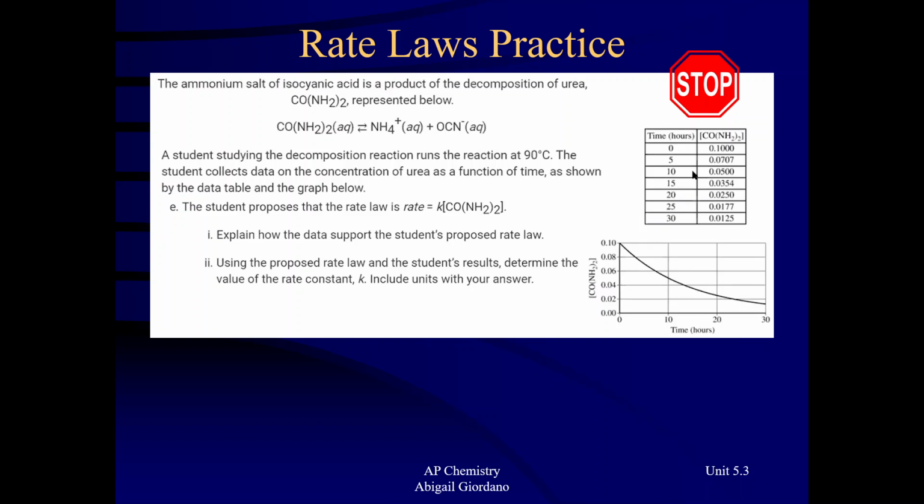Explain how the data supports the student's proposed rate law. Well, guys, if you remember what I said about half-life, first order data is the only type where the half-life is not dependent upon concentration. So what does that mean?